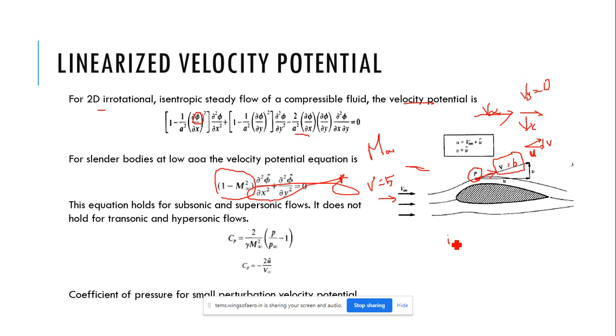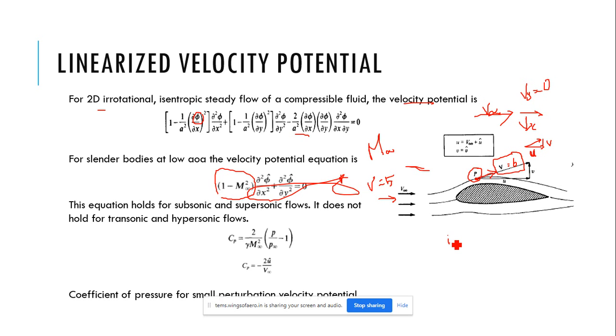In olden days, when scientists and researchers invented supersonic aircraft, they had a lot of difficulties in designing and flying the aircraft because of the effect of the shock waves over the surface of the body. Because of the shock waves there will be some drag also, and they faced a lot of difficulties.